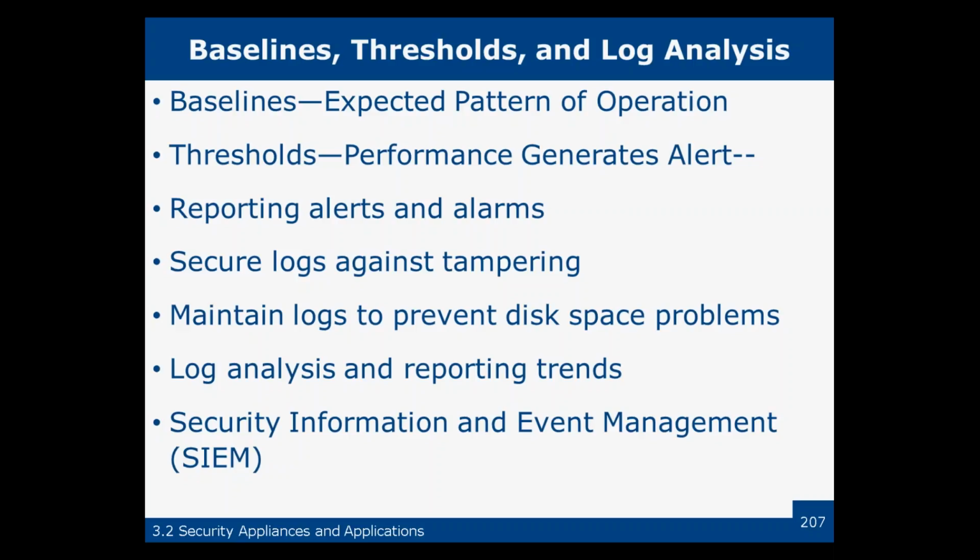And then reporting, alerts, and alarms: what do you want to report on, what do you want to alarm on? Maybe the things that we just said: disk space, memory use, processor use, what's going on.